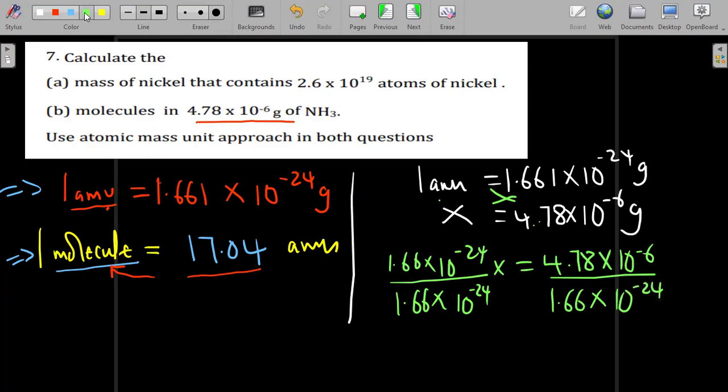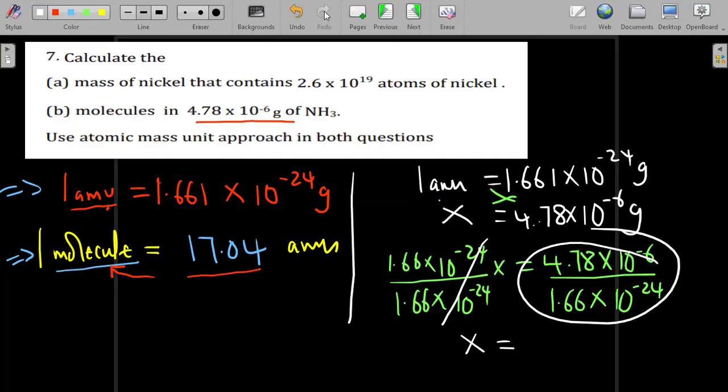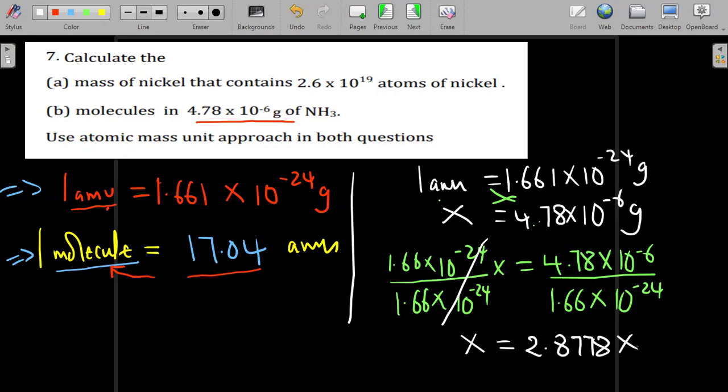On the left-hand side this is going to cancel, so we're just remaining with x. So just punch what you can see here onto your calculator. When we punch that in, I'm getting 2.8778 multiplied by 10 to the power 18 atomic mass units. So these are the atomic mass units that I get.